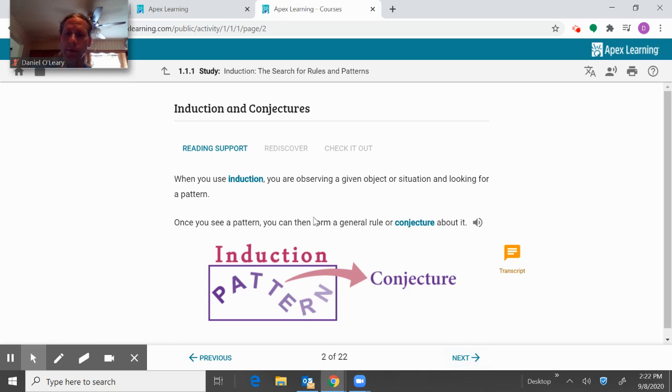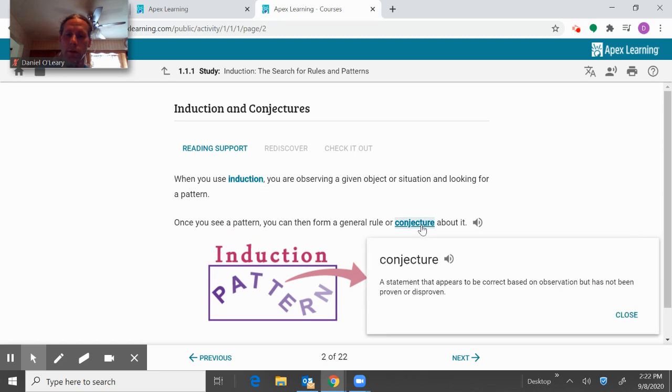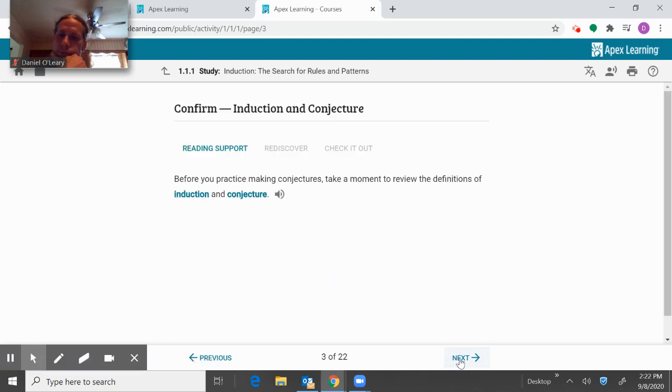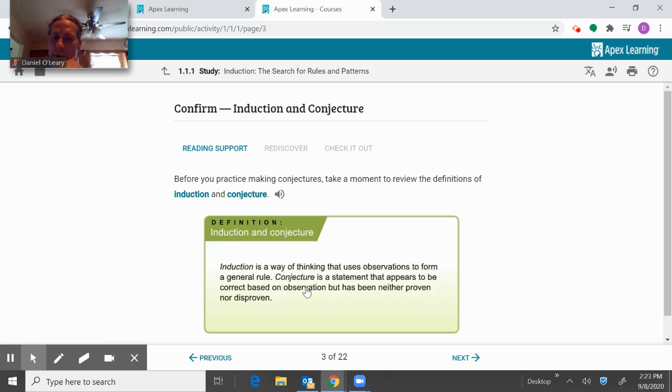As you go onto the next screen, again it gives you information, but it also gives you definitions and reads them aloud to you as you need them. Here again it can read it to you, but if you click down on this box, what are induction and conjecture, it gives you further information.